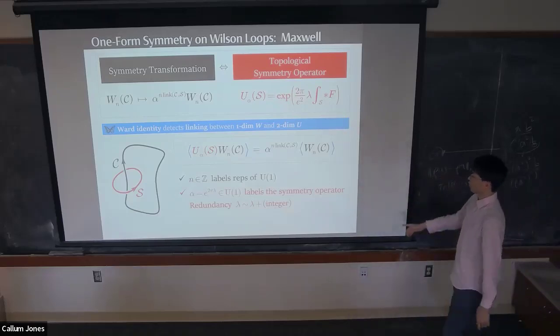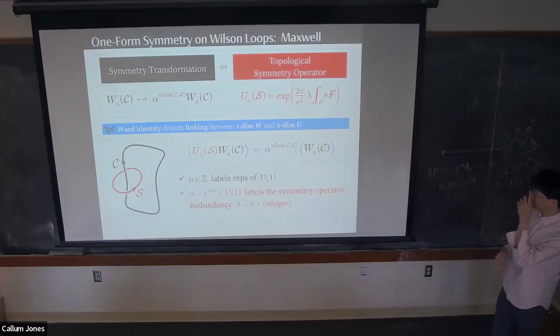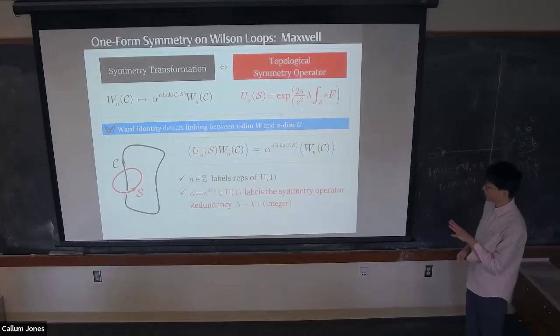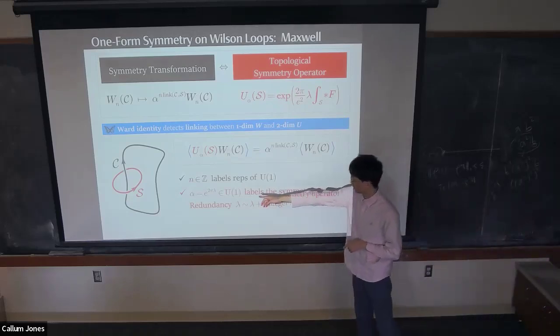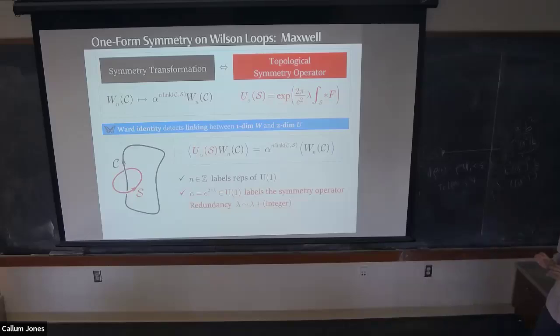But it turns out that in the Ward identity, the only thing that appears is alpha, which is the exponentiation of the real number lambda up to the customary factor of 2 pi. So alpha belongs to the group, and it labels a symmetry operator. Even though we have a mild redundancy in the parameter lambda, the physical thing is the group element alpha.